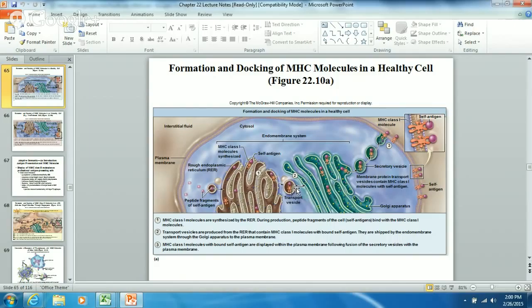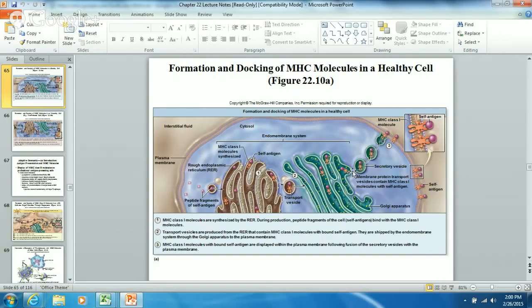It takes that transport vesicle, the transport vesicle opens up, it dumps out this MHC class 1 molecule that happens to have a peptide fragment of a self-antigen attached to it, and then it bundles it up into a secretory vesicle. Now, this is not a transport vesicle. This is a secretory vesicle because it's going to secrete it.